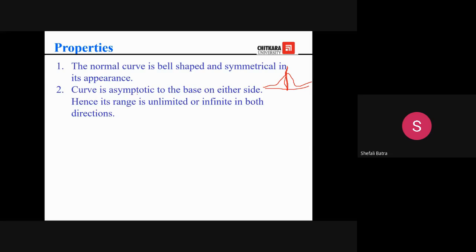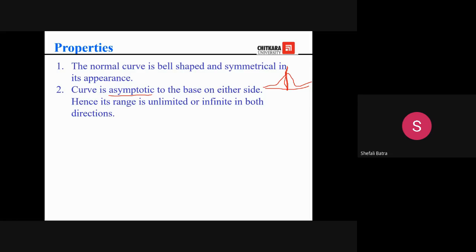The curve is asymptotic to the base on either side, and the range is unlimited or infinite in both directions. See, it will never touch this axis. When the curve goes parallel to the axis and doesn't touch it, this is known as asymptotic.